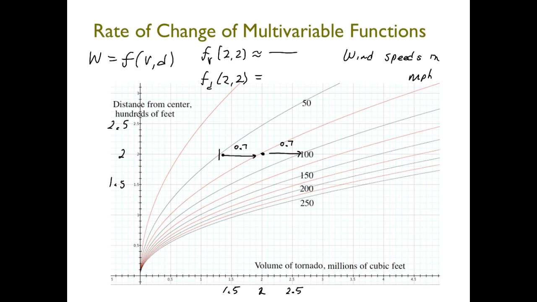So the change in wind speed is from 50 to 75, or plus 25, for a change of about 0.7. This is just estimating. This is 0.5 here and a little bit further. The distance between the lines is 0.5, and it looks pretty consistent on this side too. For the same increase of 25 miles per hour, that's an increase of 0.7 million cubic feet. So to me, this looks like about an increase of 25 per increase of 0.7. We got that?